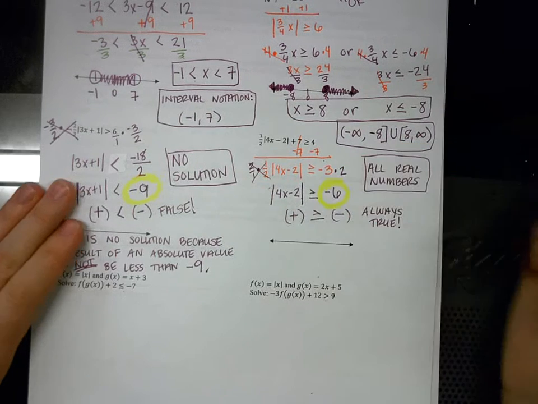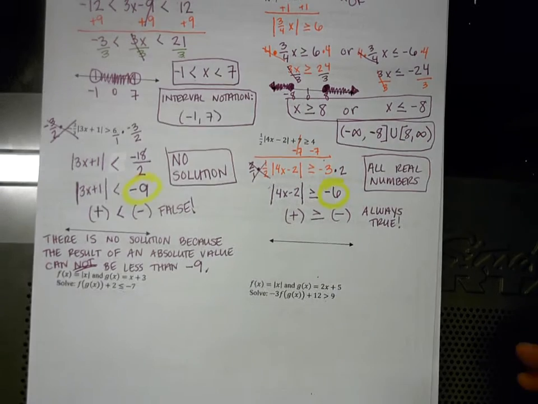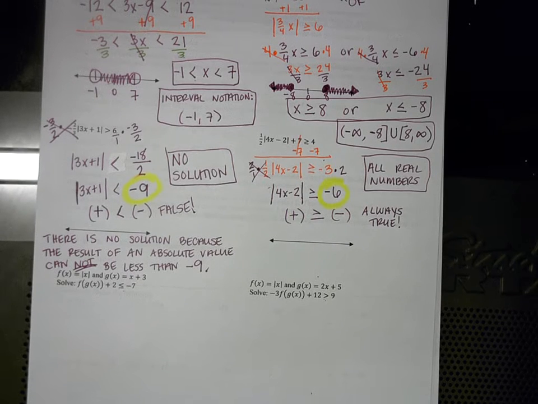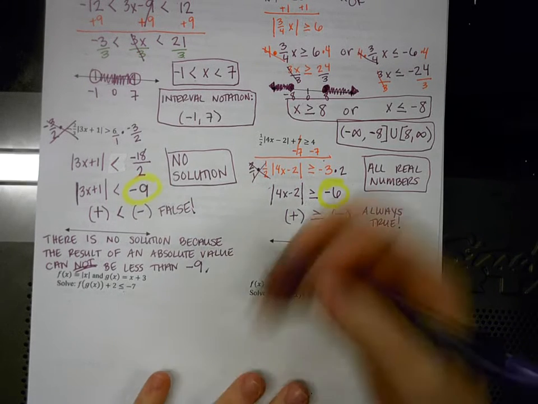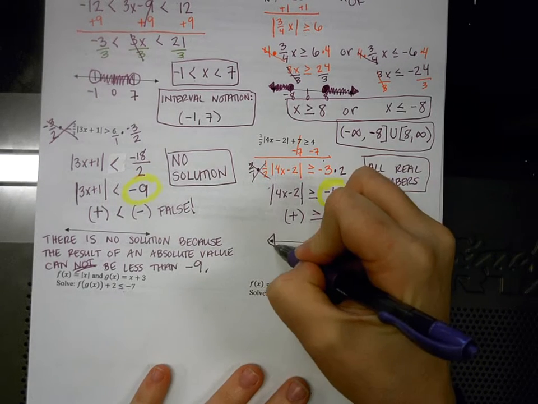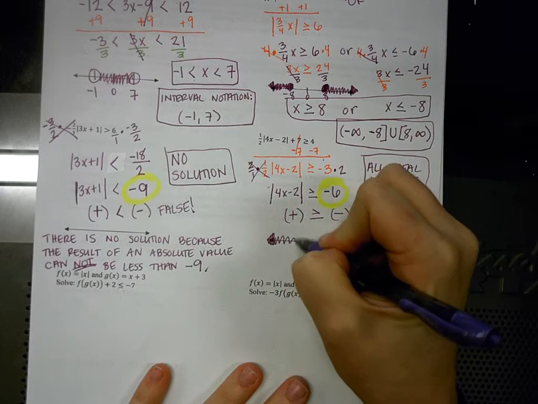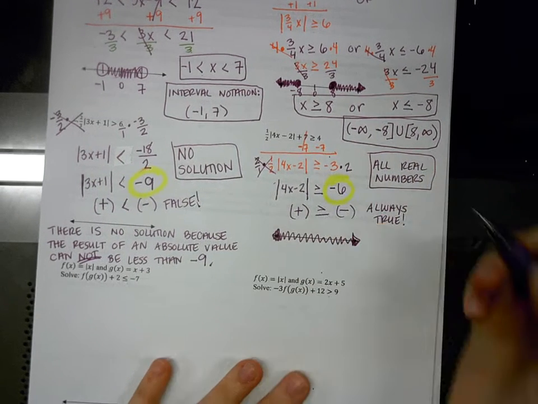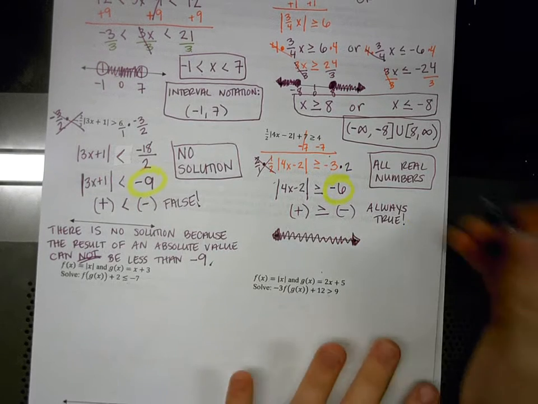Okay, this is something that you can show on the number line. How do I show my solutions if every real number is a solution? So I think I heard interval notation a second ago.